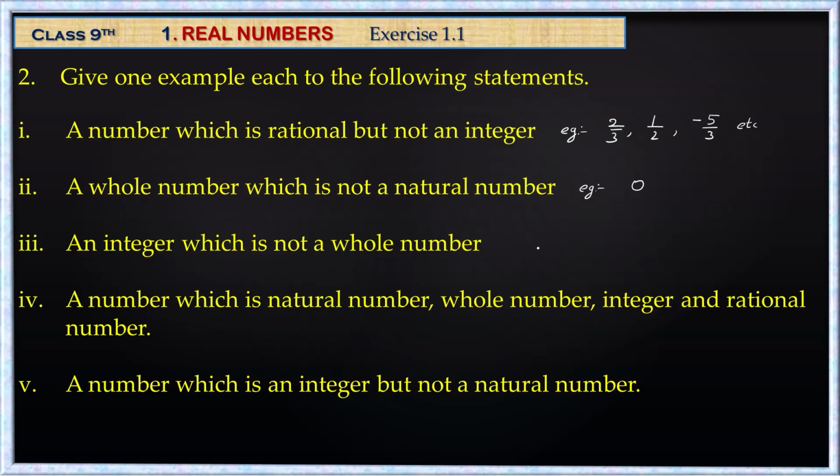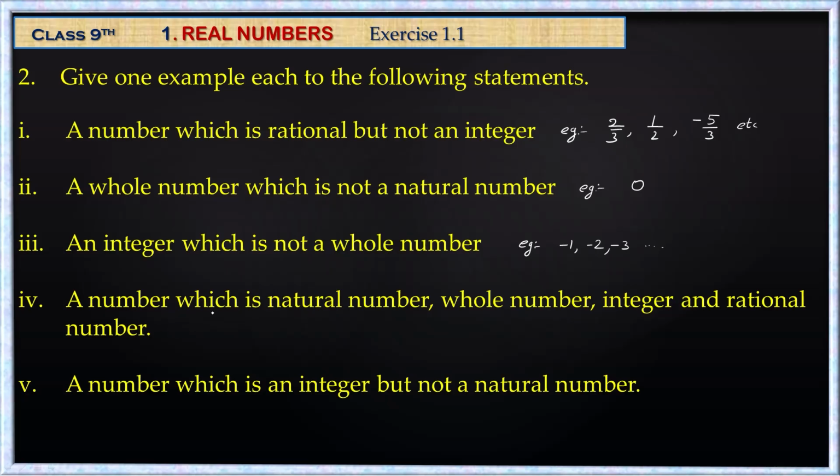In the integer set, we know that negative numbers, 0 and the positive numbers are there. 0 and the positive numbers are whole numbers, and the negative numbers are not whole numbers. So we can give all the negative numbers as examples. That means -1, -2, -3 and so on. All the negative numbers are integers but not whole numbers.